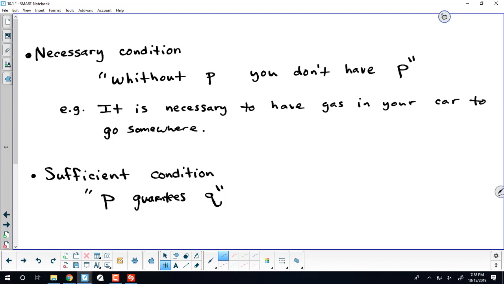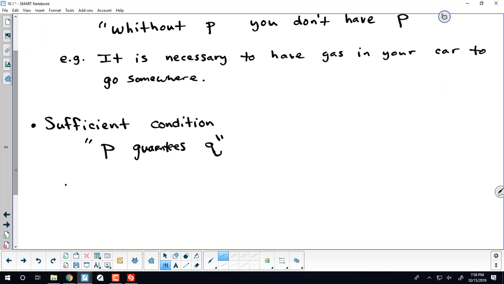An example of a sufficient condition is rain is sufficient for the ground to be wet.